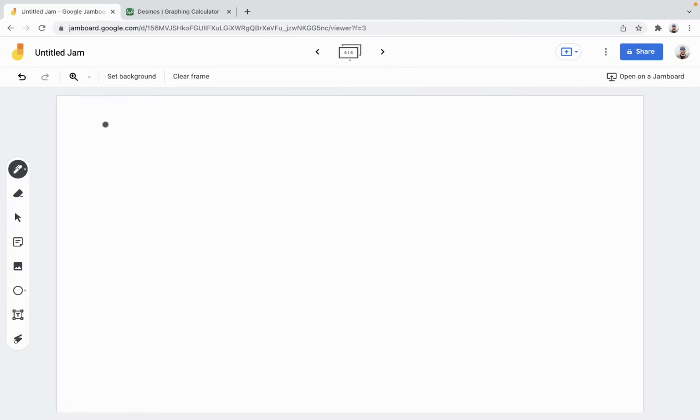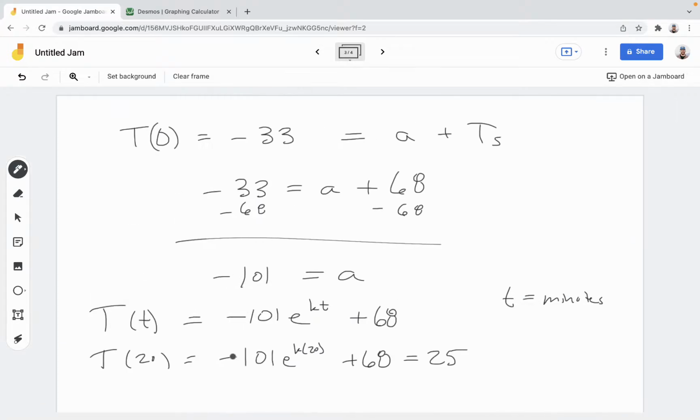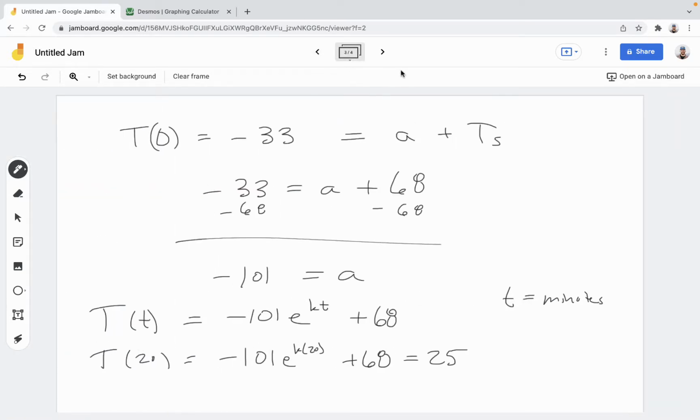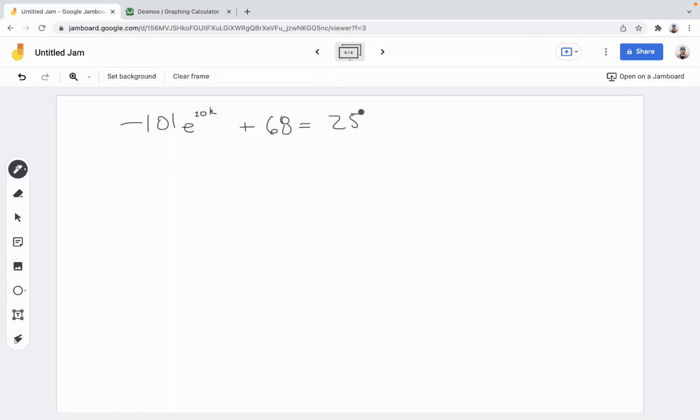Let me do that on the next page. So all I really need is the right side of this. And I'm going to rewrite that as 20k, 25. So I'll isolate the exponential algebraically. Start by subtracting 68.